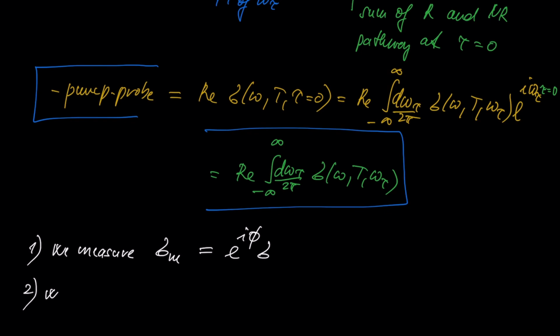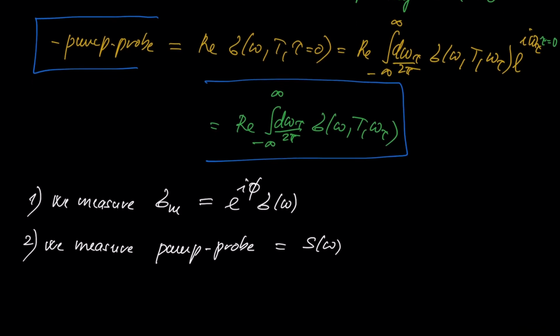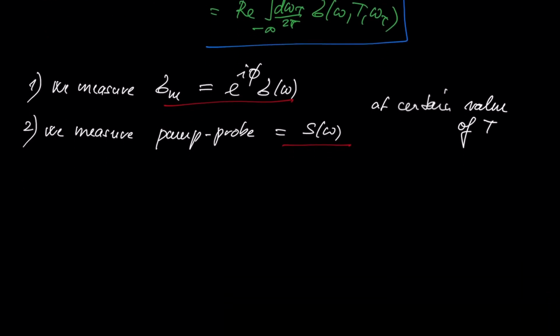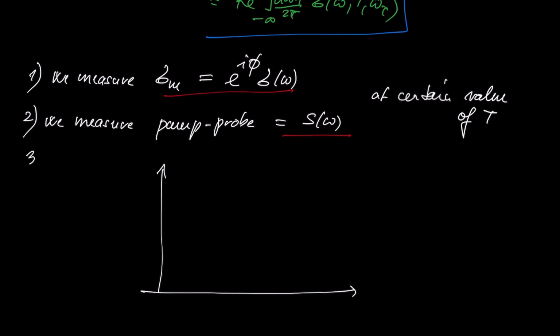Second step, we measure pump probe, let that be, for instance, S of omega, at a certain value of capital T. So we measure these two signals, and we should also add that we integrate sigma m over all omega tau.